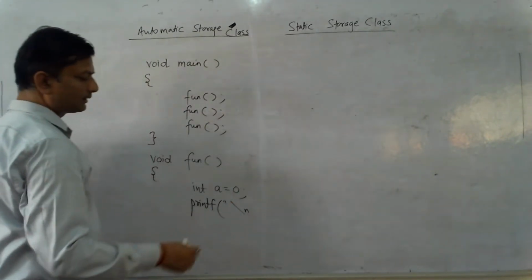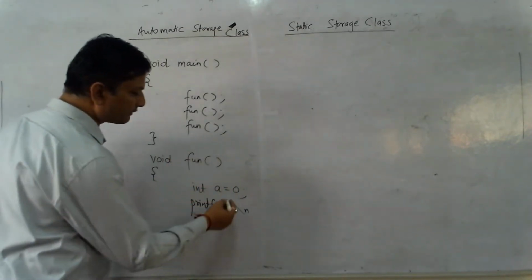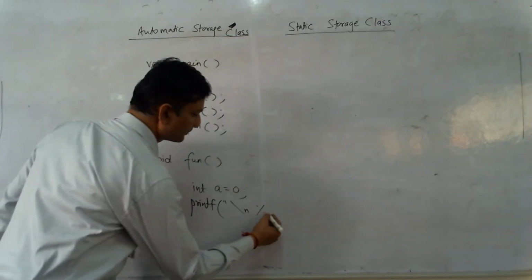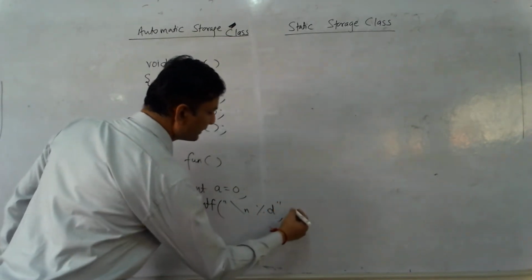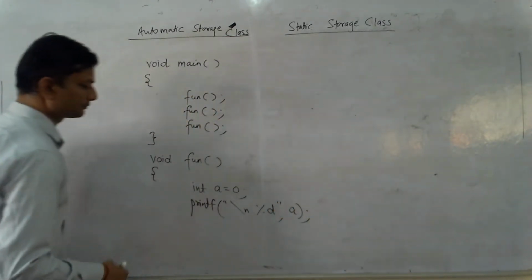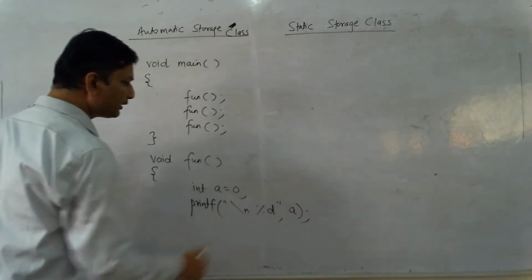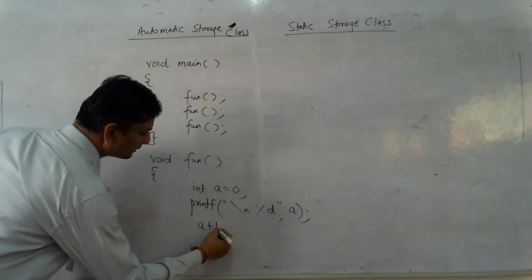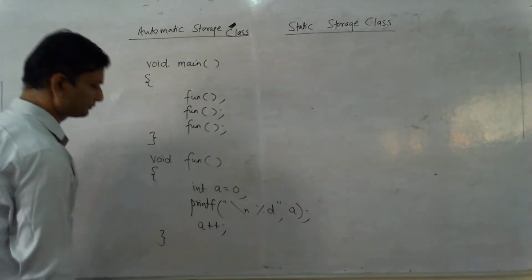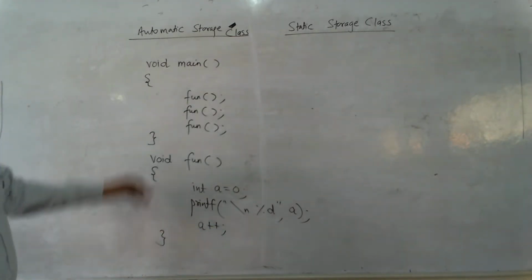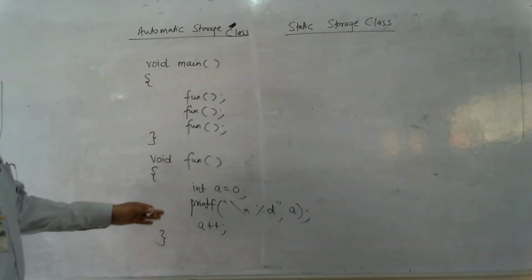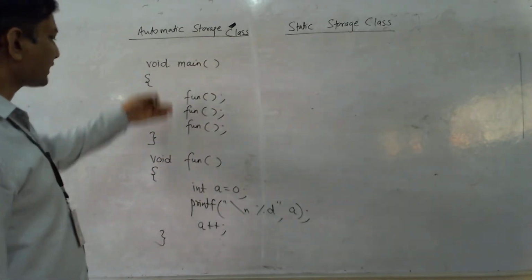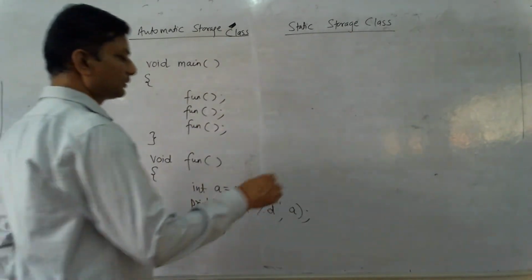So that the output appears on a different line, I have used slash n, the new line feed operator, %d a. And after printing the value of a, let me increase the value of a by 1. So this is an example of automatic storage class. We will discuss its output after some time.